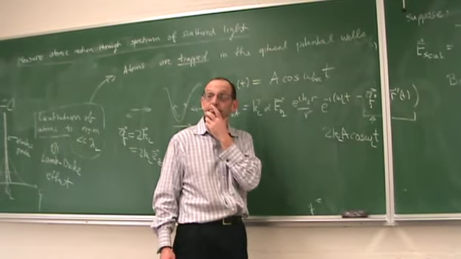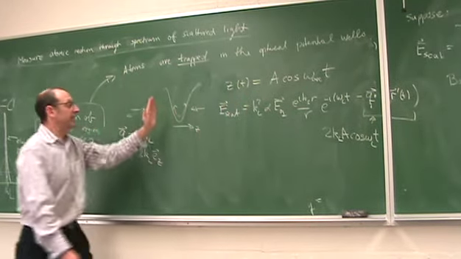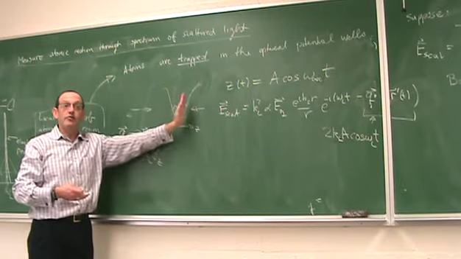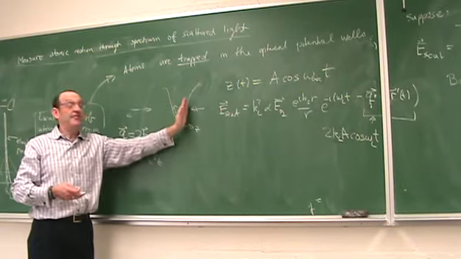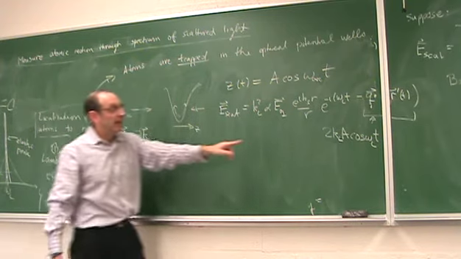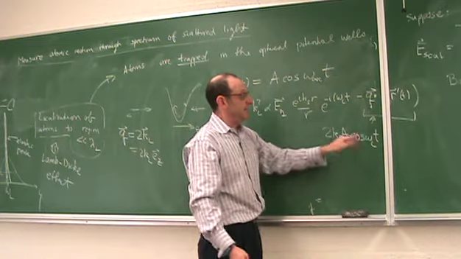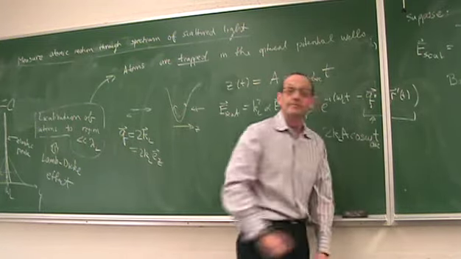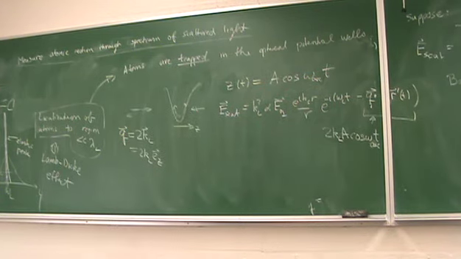All right? So here's the picture. We shine light on this atom. The atom is oscillating back and forth, and it phase modulates the light. And the phase modulation depends on the frequency at which it's oscillating. All right.